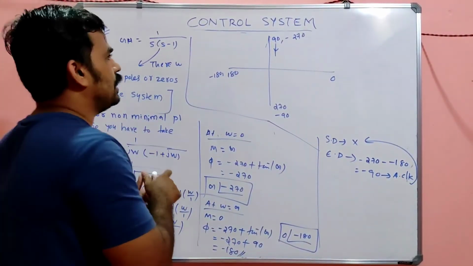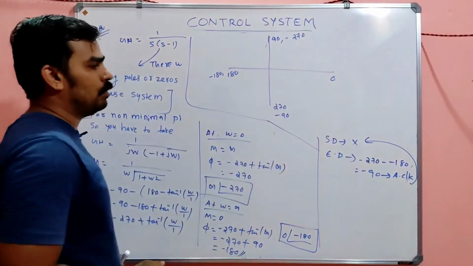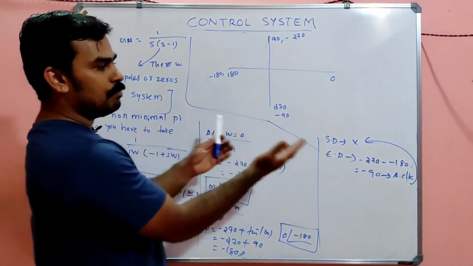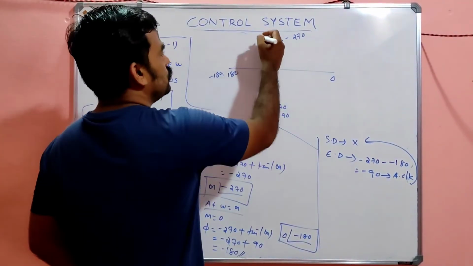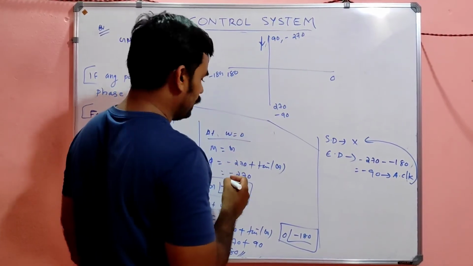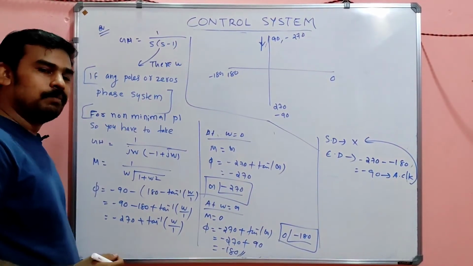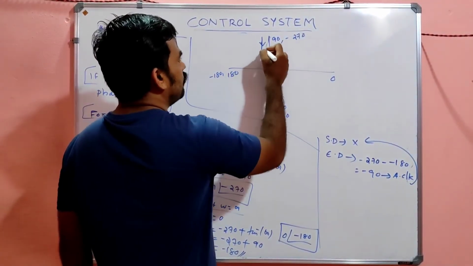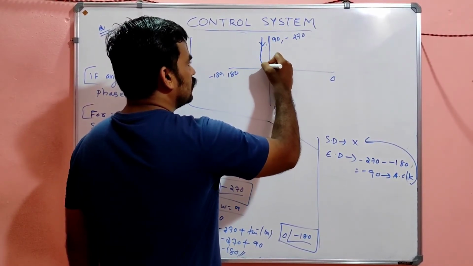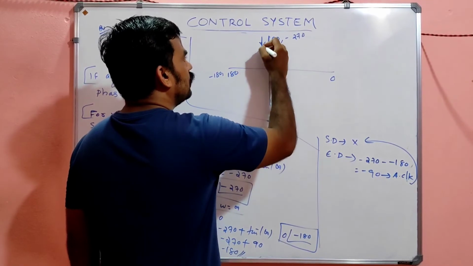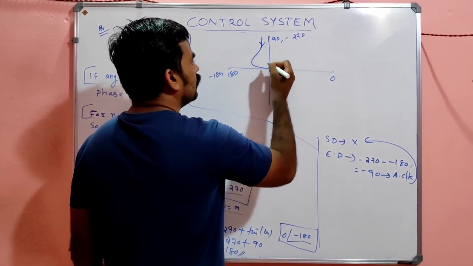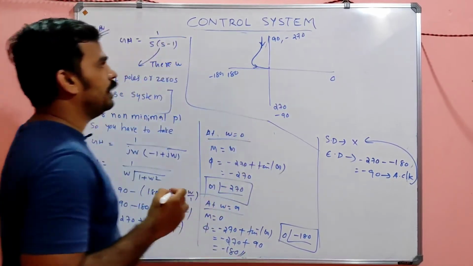So now you can start from infinity angle minus 270 and end with 0 angle minus 180. Both are in anti-clockwise direction, my dear.